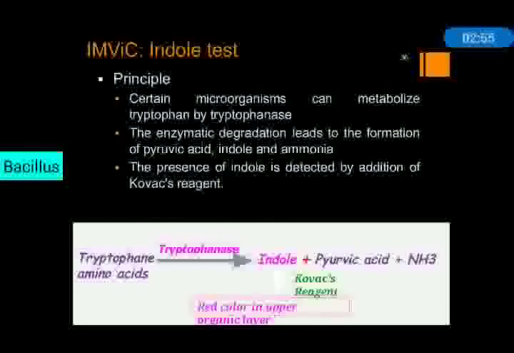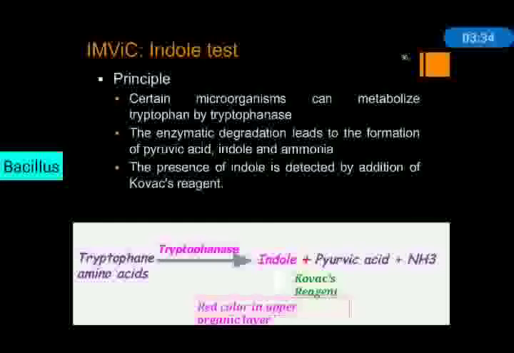The IMViC indole test. In the IMViC test, the first test discussed is the indole test. What is the principle? Certain microorganisms can metabolize tryptophan by tryptophanase. Tryptophan is an amino acid, and tryptophanase is the enzyme for degradation of tryptophan. The enzymatic degradation leads to formation of pyruvic acid, indole and ammonia.